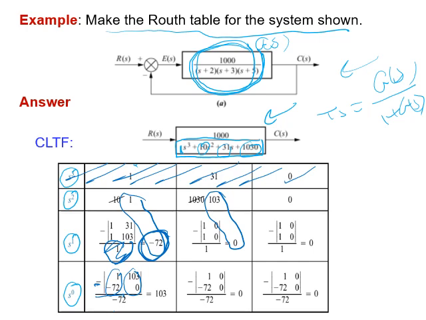When we solve it, 1 into 0 minus 103 into minus 72, all minus, divided by minus 72. When you calculate it, it's equal to 103. So that's how we can calculate the table, and by this way we can get the Routh-Hurwitz table ready for interpretation.